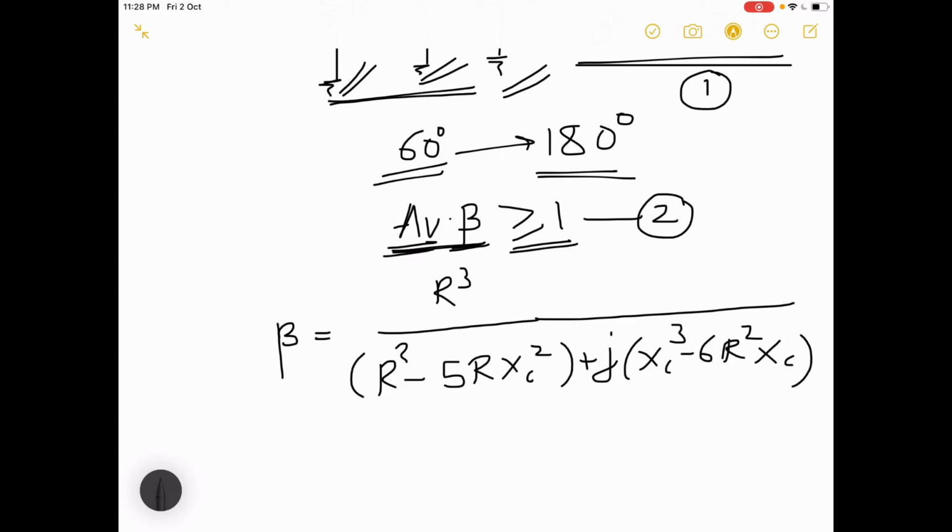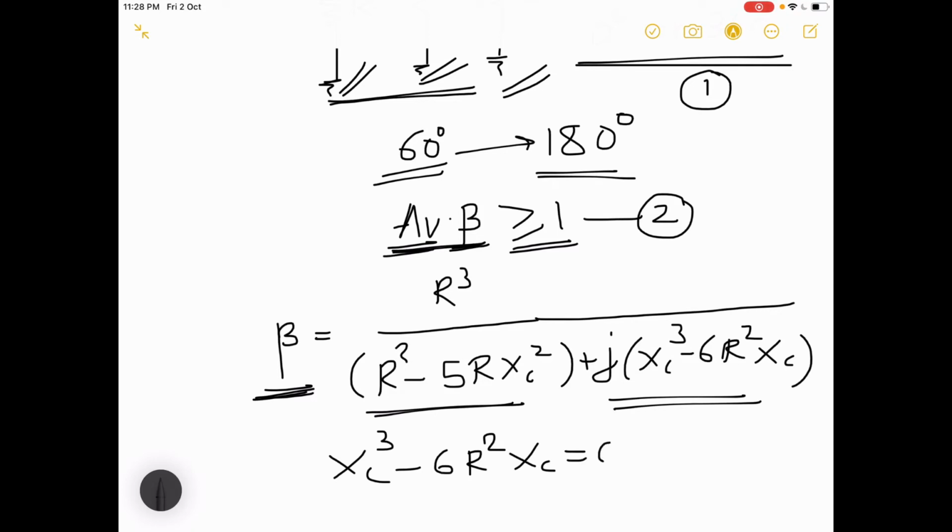For getting a phase shift of 180 degrees, the imaginary part should be 0 for beta to be purely real. So, I am writing this imaginary part: Xc cube minus 6R square Xc is equal to 0.